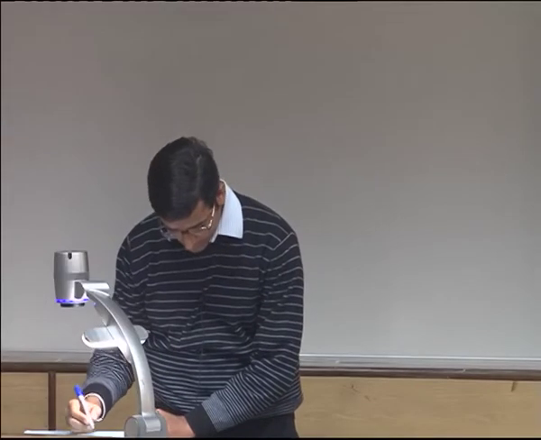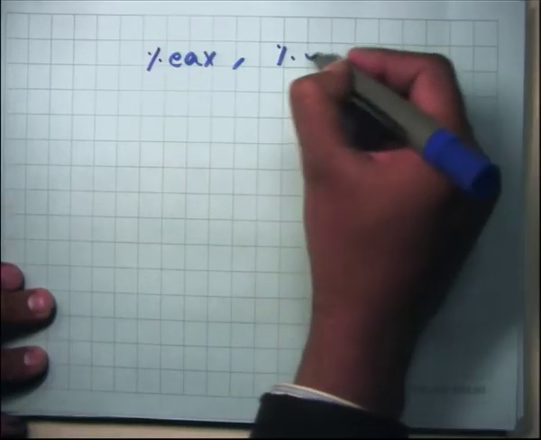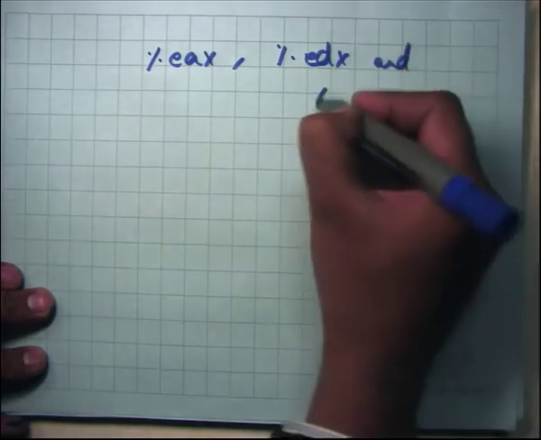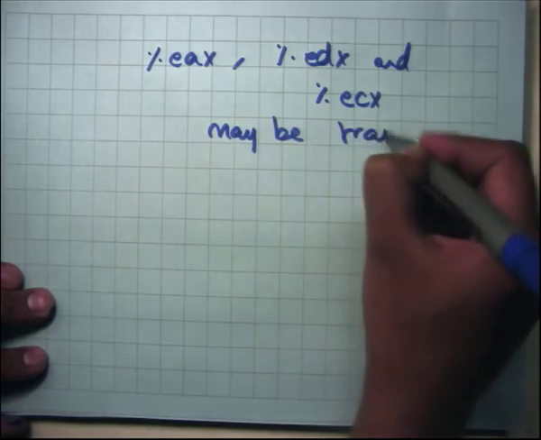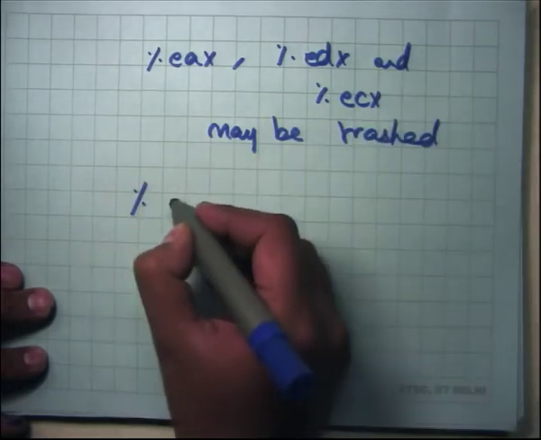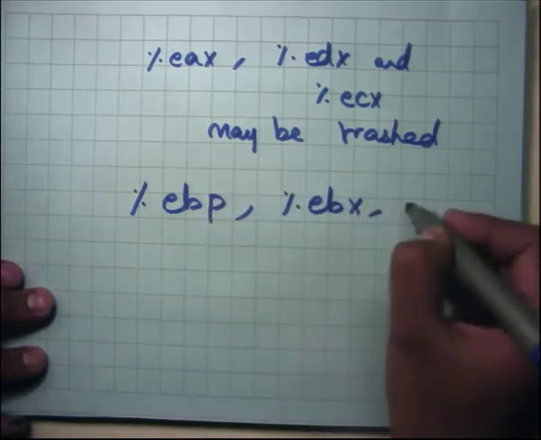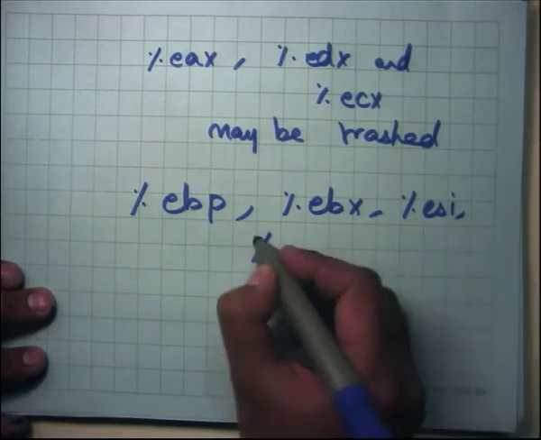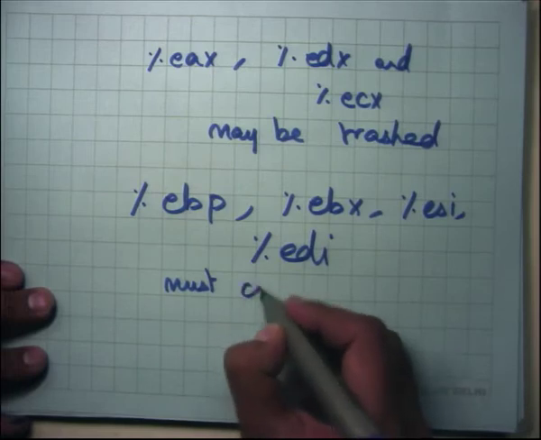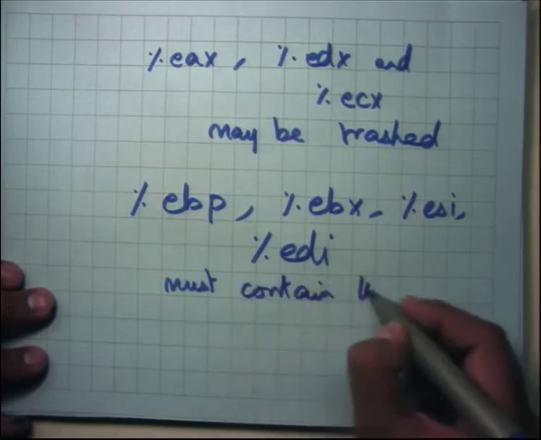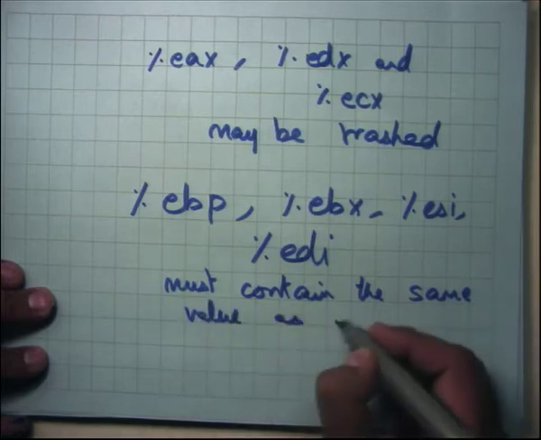So for example, EAX, EDX and ECX may be trashed by the callee, and certain registers, EBP, EBX, ESI and EDI, must contain the same value as at call time.